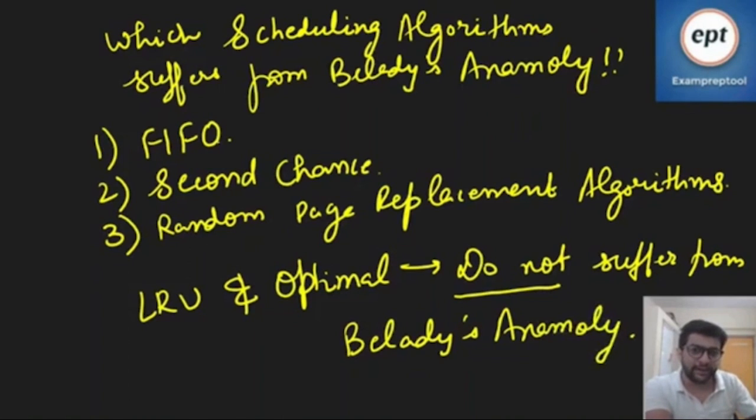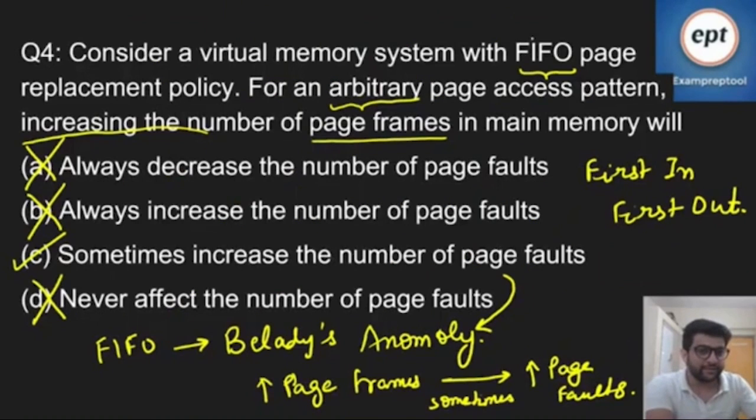Just remember these three algorithms which suffer from Belady's anomaly. So let's change the question. If it was given the LRU page replacement policy, and we have to answer this question for the LRU algorithm, then what will be the answer? The answer will be that it will always decrease the number of page faults, right?